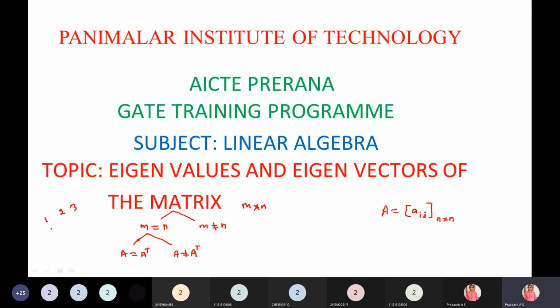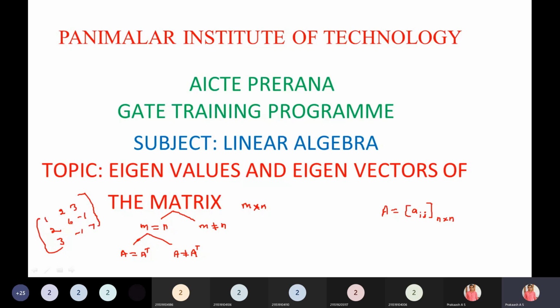The first row is the same and the first column also must be the same. 6, minus 1: this is the first, second column, so it must be minus 1. It may be any element. So this is a symmetric matrix: first row equal to first column, second row equal to second column, third row the same as third column.